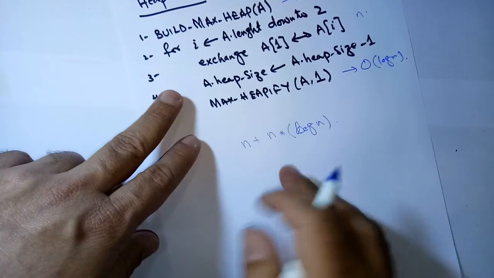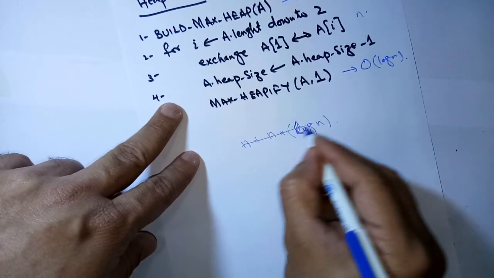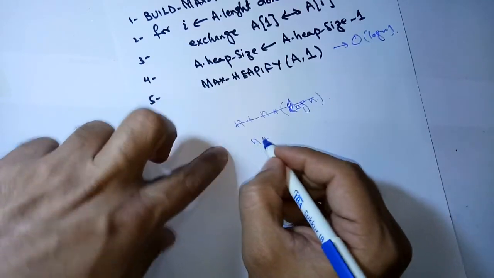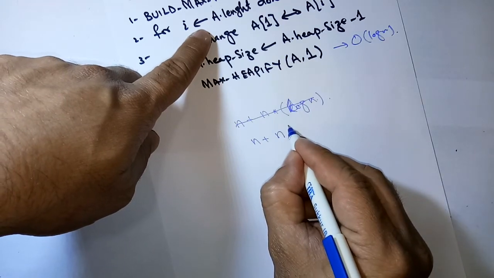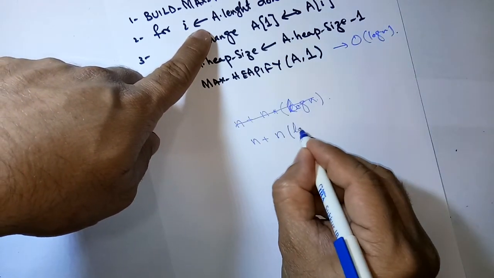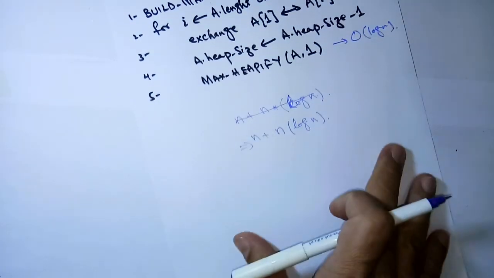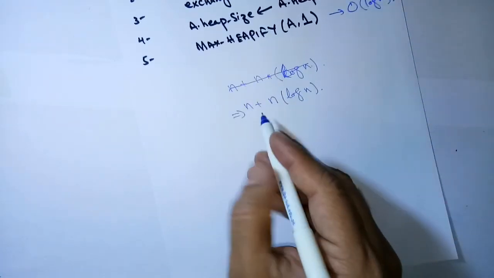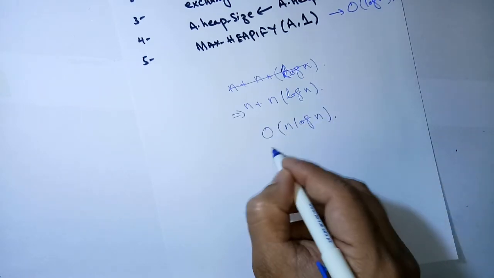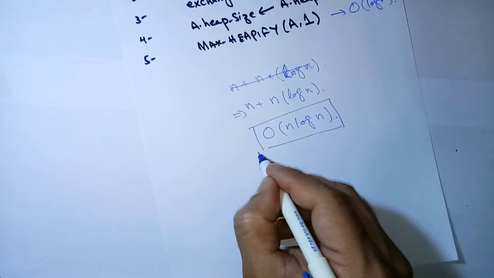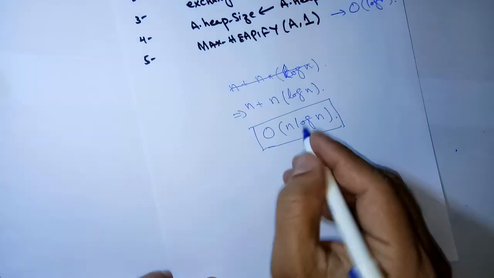Okay, let me write it. n for this build max heap plus n for this loop, and inside the loop we have max heapify, that is log n. So if you compute it in terms of big O, that is order of n log n. So the heap sort algorithm executes in order of n log n time.